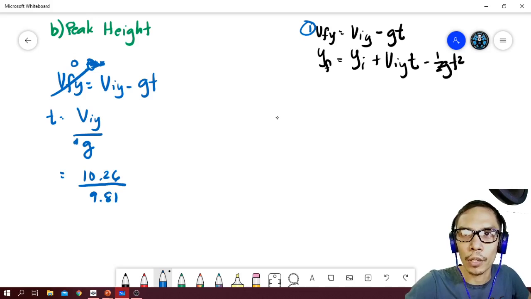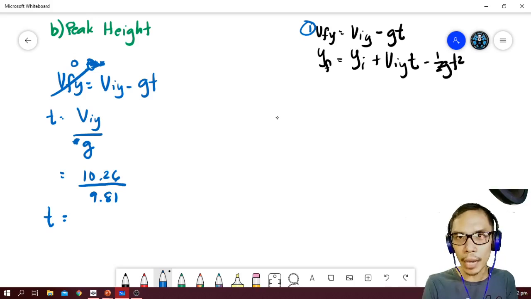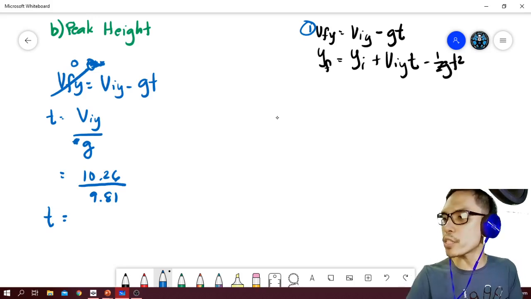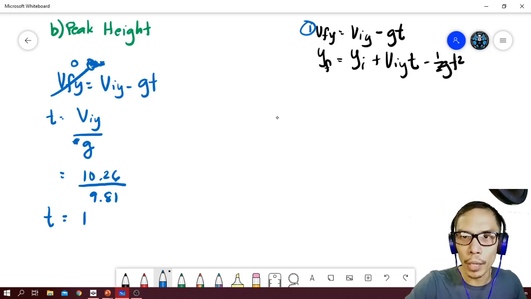Don't forget, there's no 1/2. So the time it takes to reach the peak height is 10.26 over 9.81, which is 1.05 seconds.